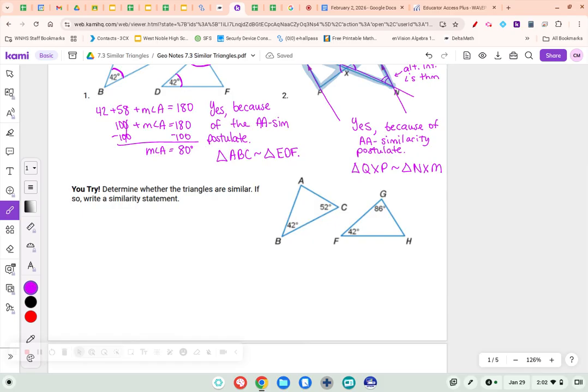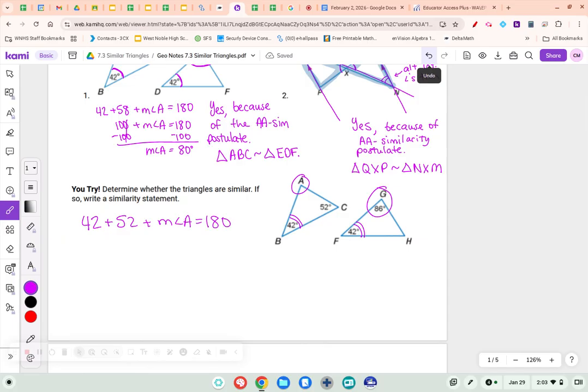All right, this is like our first one that we did together. We have to figure out if, for instance, A and G are the same since we only know angles B and F right now. We have to have two pairs, angle-angle similarity. So to figure out what angle A is, I'm going to take 42 plus 52 plus the measure of angle A, not 8A, my bad.